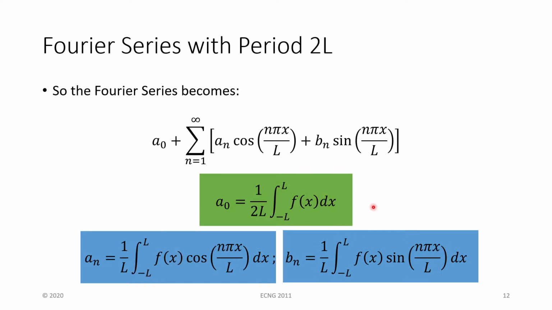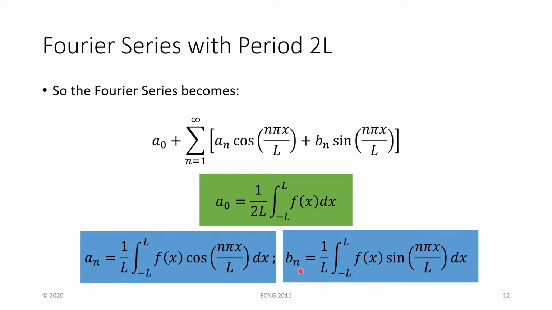And after we do our mathematical manipulation, the equation that we'll be using for solving any of the Fourier series components is such that we'll have our A0 equation here being 1 on 2L integrating between L and negative L of f of x dx. An here is equal to 1 on L integrating between L and negative L of f of x cosine n pi x on L dx.